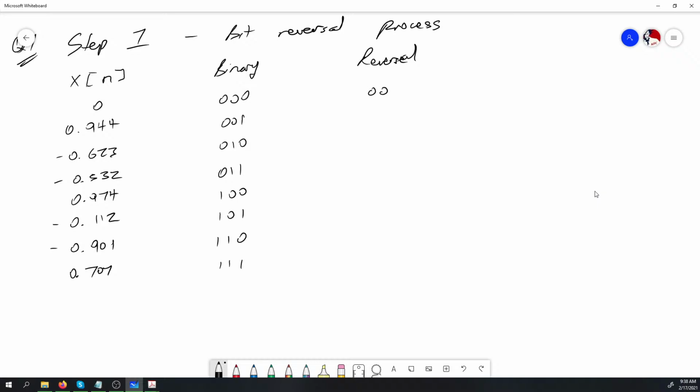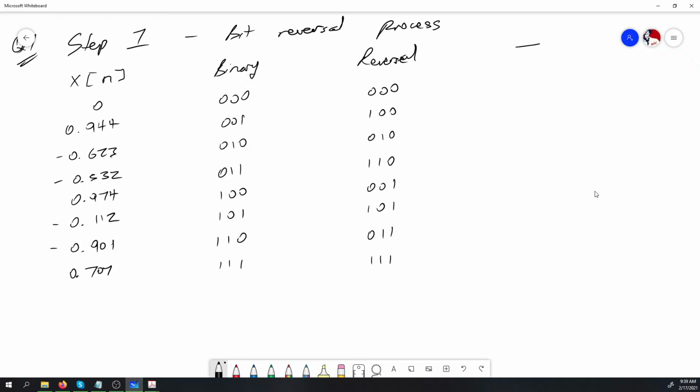Remember, we're just reversing the first and last bits. The first is 0, 0, 0. For this one, because it's 0, 0, 1, when we swap the first and last bits, this will be 1, 0, 0. Here was 0, 1, 0, and this will be 0, 1, 0 as well.